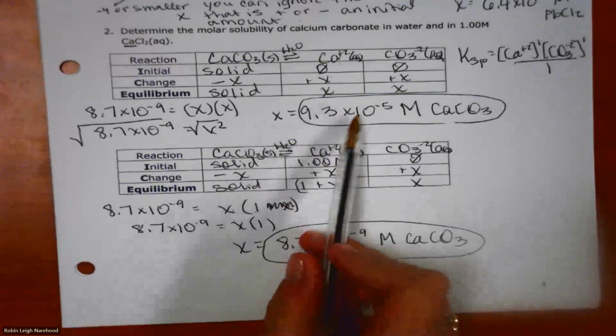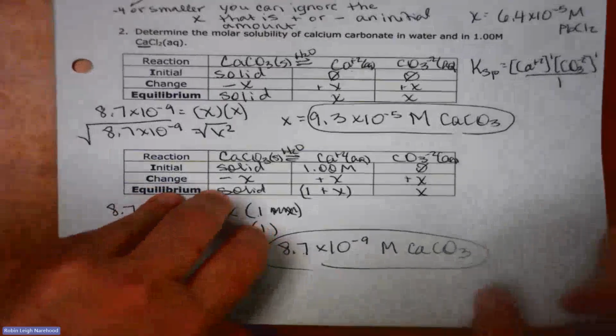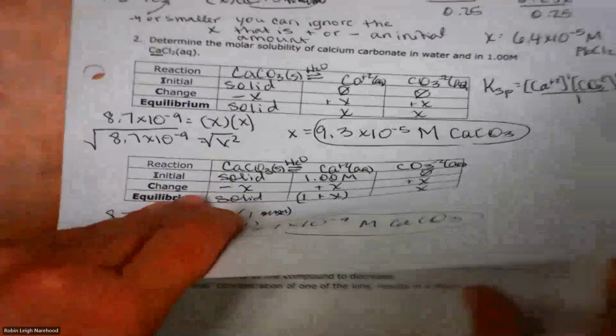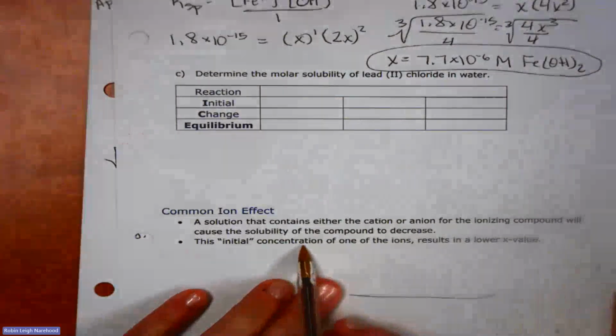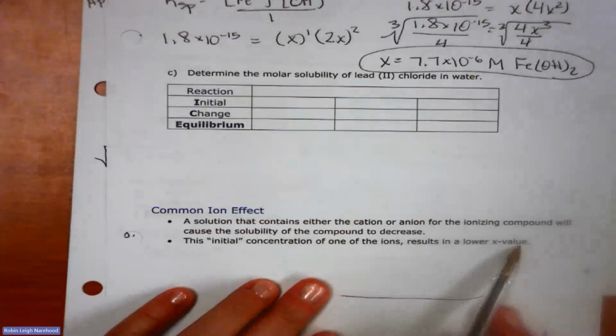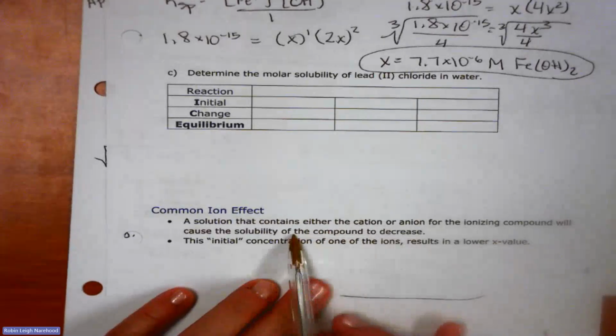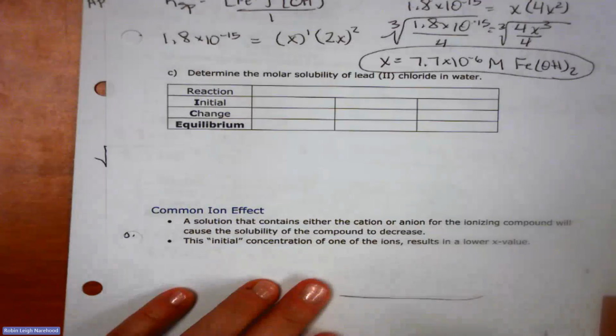It went down. The common ion effect. The initial concentration of one of the ions results in a lower X value. It decreases the solubility because there is already ion there.